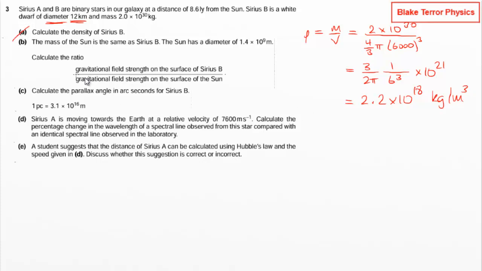Okie dokie. The mass of the sun is the same as Sirius B. Sun has a diameter of this, so a lot more than the 12 kilometers that we got for Sirius B. Calculate the ratio of gravitational field strengths on these. So our gravitational field strength we know is proportional to 1/r squared. It's got that inverse square to it.